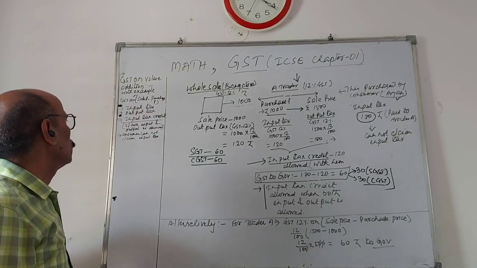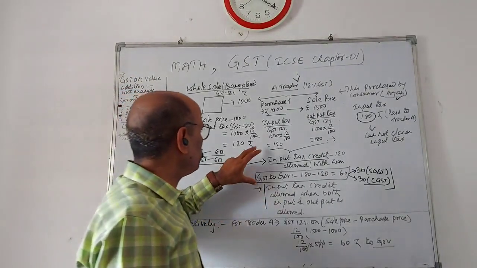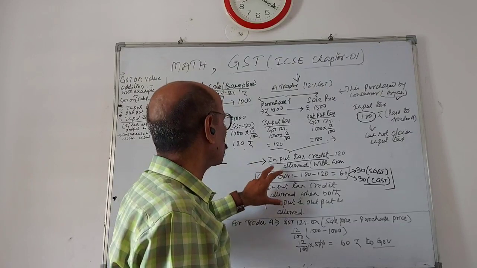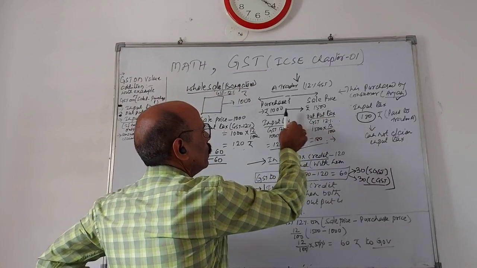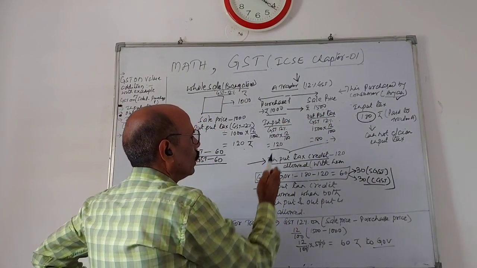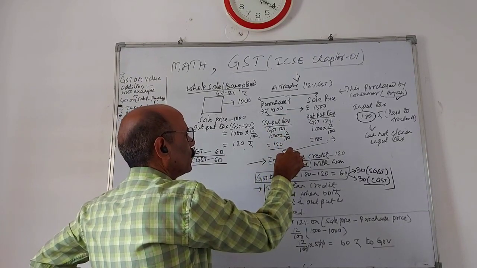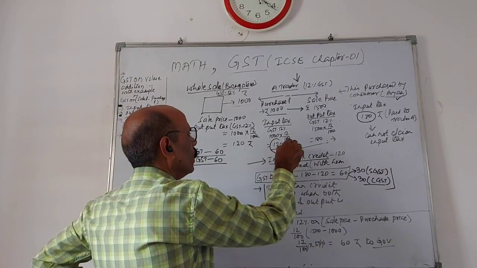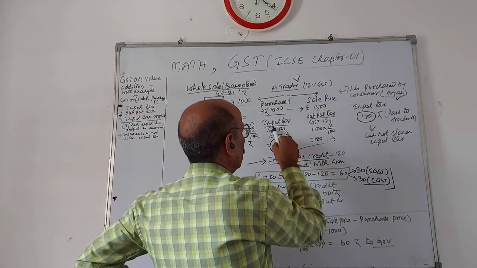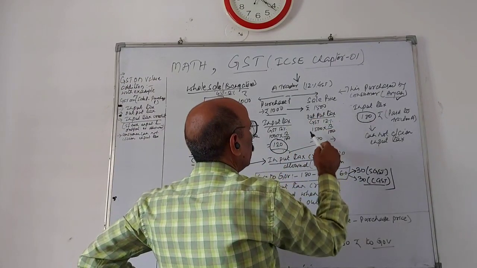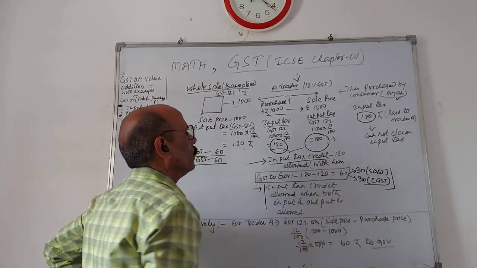Now see what we have done. If both selling and purchasing have been done, on the purchase 12% GST we calculated 120 rupees, and this is the input tax. After selling, the output tax of 180 rupees we calculated.